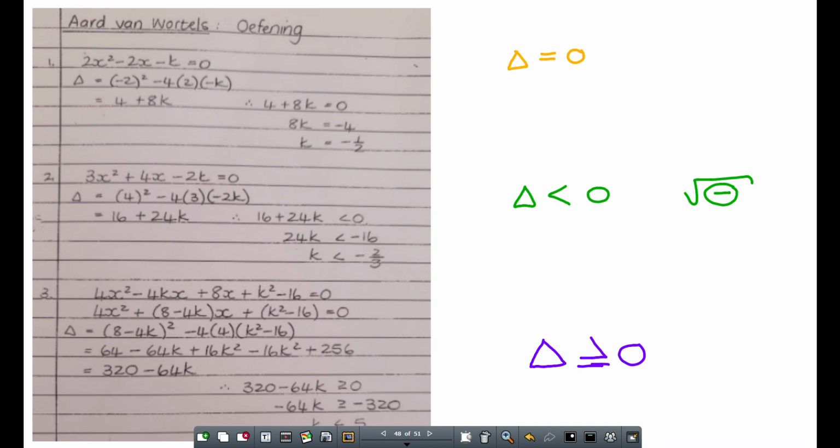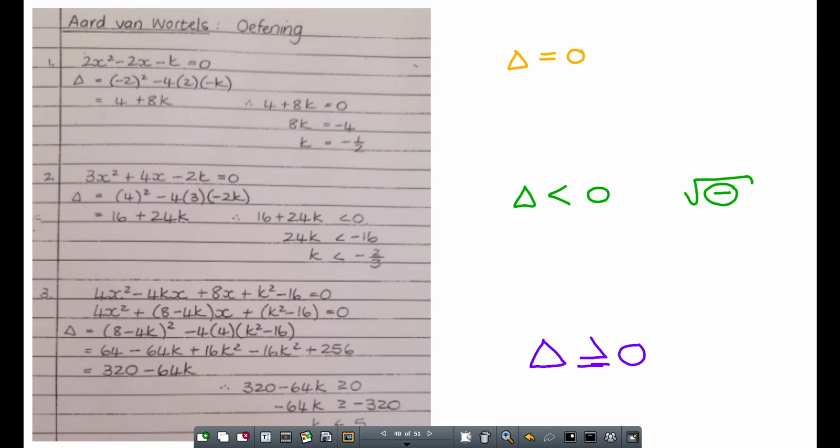So A would be the 4, B would be the 8 minus 4k, and C would be k squared minus 16. Goed, nou kan ek gaan delta kry. Delta is b kwadraat minus 4ac, and then I had to go and multiply out. Nee?